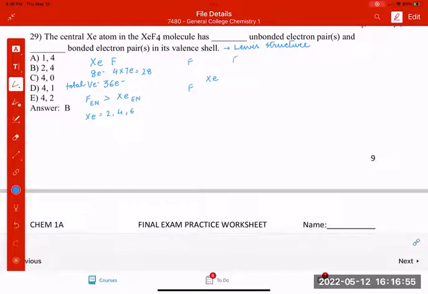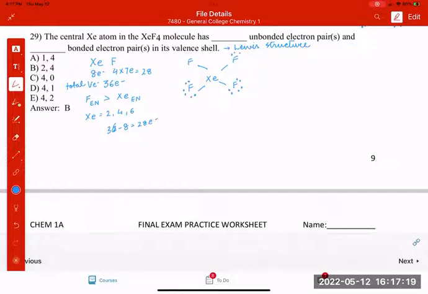and you put fluorines on 4 sides because there are 4 fluorines, and you connect them with single bonds, and we have used 1, 2, 3, 4, 5, 6, 7, 8. So we have used 8 electrons. We are now left with 28. So 36 minus 8 is equal to 28 electrons left, which are used to fill the octet of the outer atoms.